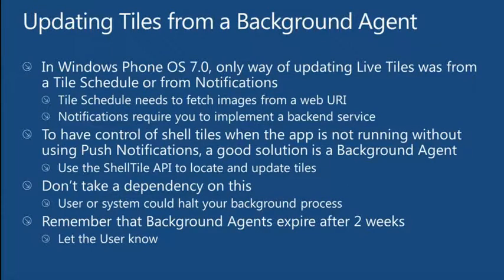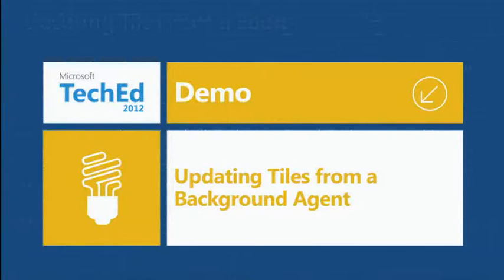And if they don't, then there's no other way, your background agents will just expire. And so what some developers do is once they start getting close, maybe 3 days before, 2 days before, they'll change the live tile to say, hey, you need to click on this and go back in so that I can re-up my background process, right? So there's things that you need to keep in mind there.